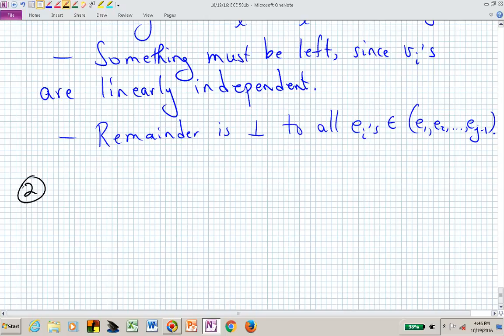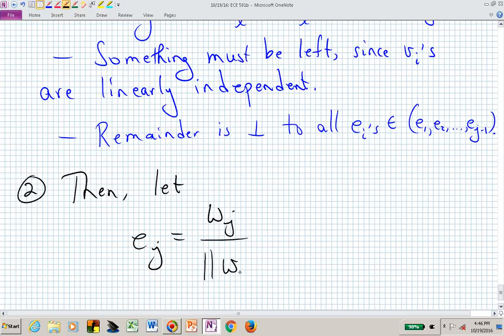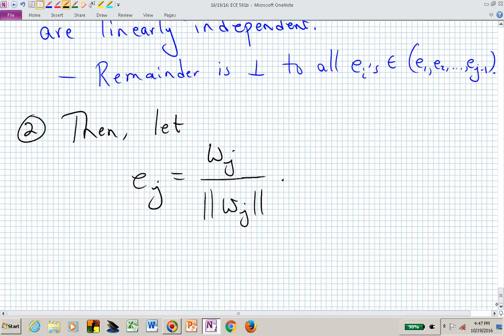The second step then is let's let E sub j in fact be equal to what we just built, W sub j, divided by its norm. And E sub j now is normal.